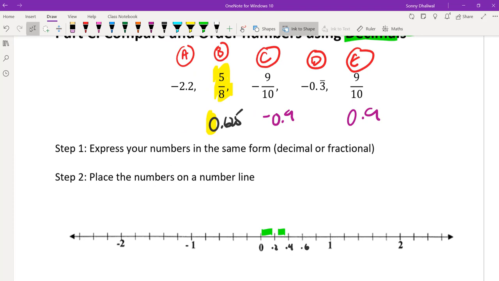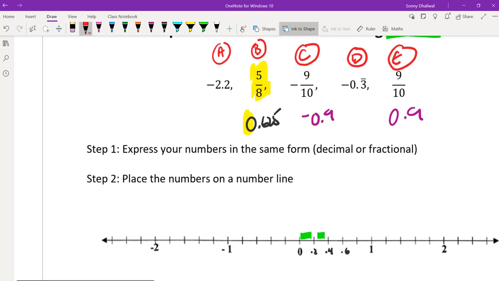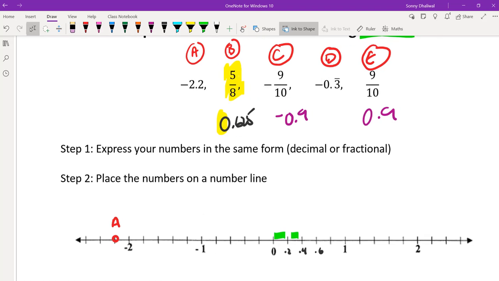I'm looking for a little bit of accuracy here. A, negative 2.2. Where would that go? The hash right after the negative 2. So that would be A. Okay. Where would B go? 0.625.